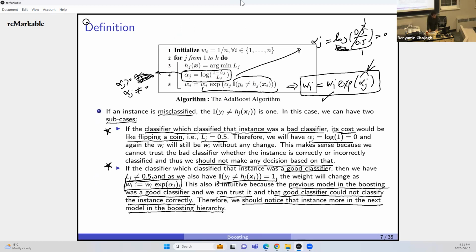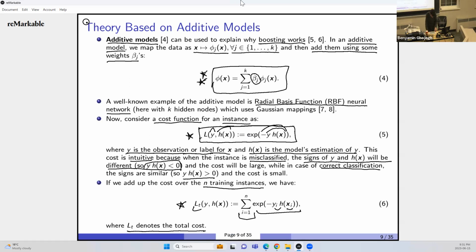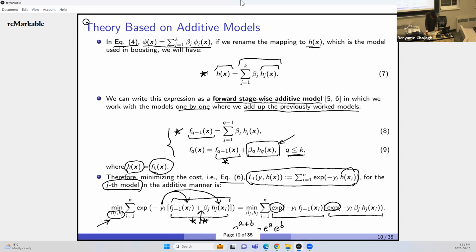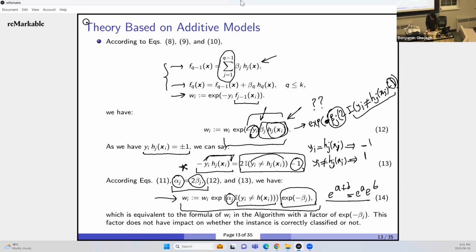Yes, exactly. The last term has an additional factor multiplied at the end. However, this factor does not have any impact on whether the instance is correctly classified or not. It's just a scale factor, so you can drop it, right?